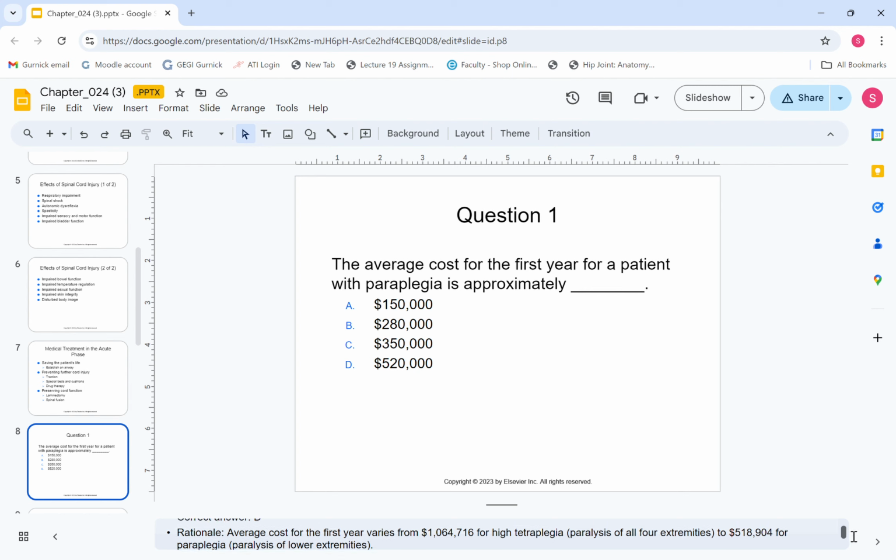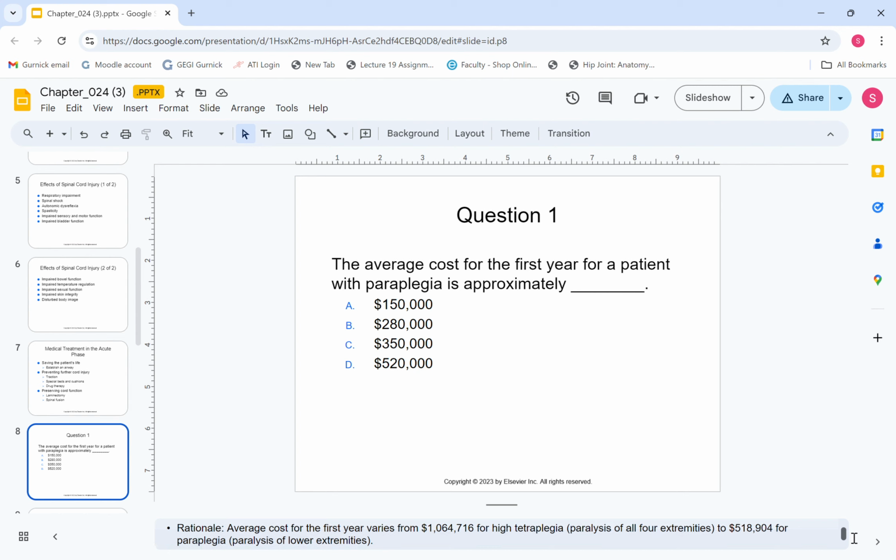So if you see a test question that says, what is paralysis of all four extremities, and you don't see quadriplegia, then the word just might be tetraplegia. Both words mean you have loss of all four extremities. So the first year can vary from about $1 million to about $500,000.